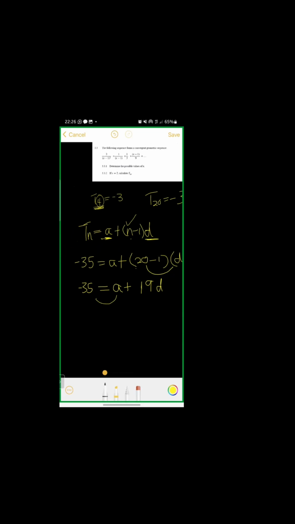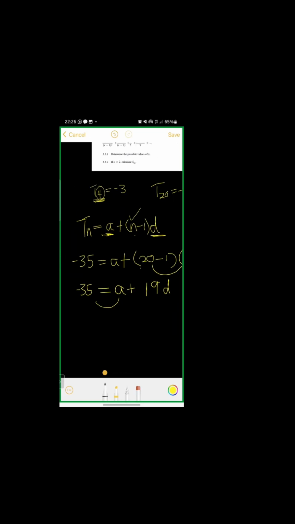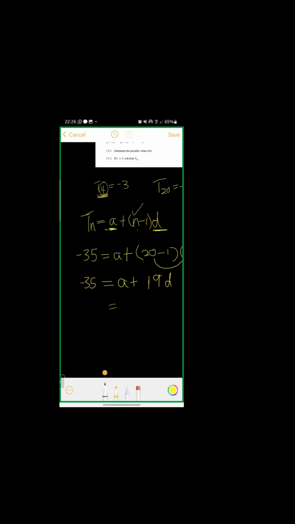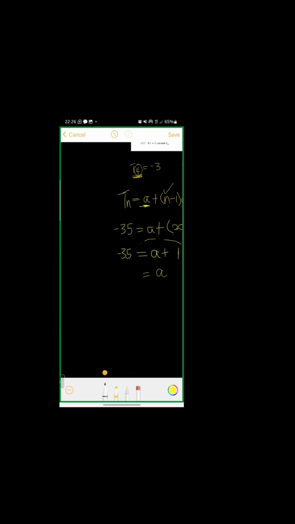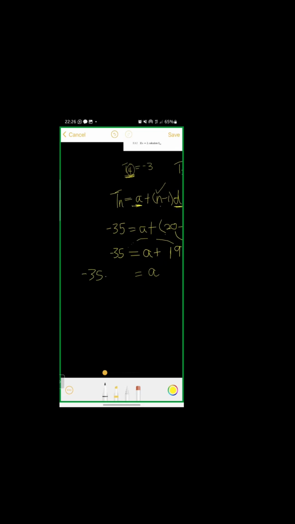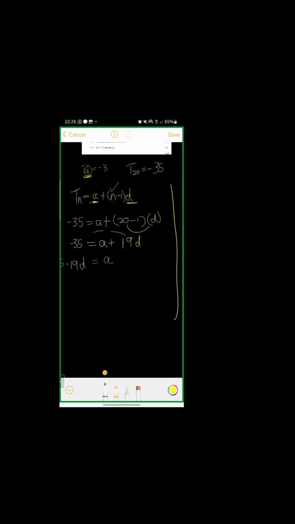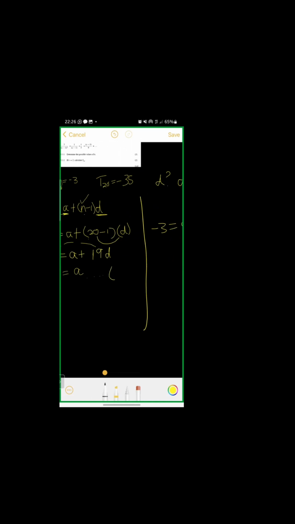But since A does not have any coefficient, it makes it quicker to make A the subject. So A is equal to -35. If we take this positive 19D to the other side, it's going to be -19D. So we have -35, and then our -19D joins the party here, and that's equal to A. So that's our equation 1.